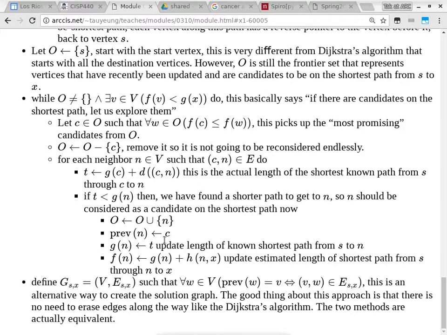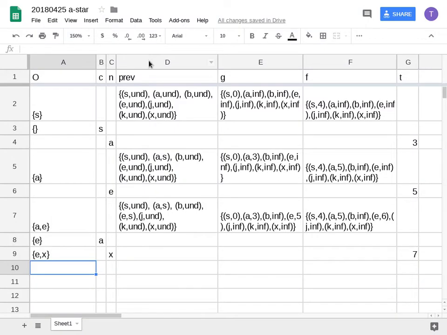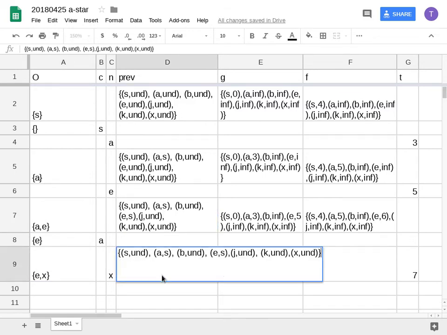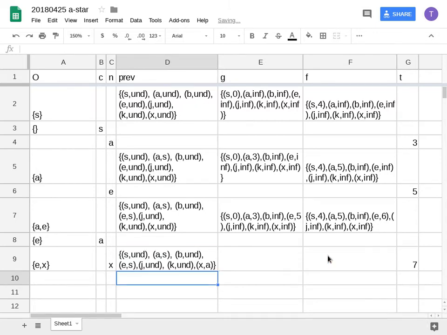The second thing is I want to update the previous of vertex X to vertex A in this case. So we go to the previous function and modify it so that the previous of X is no longer undefined. Instead, it is A. So in the path that I'm looking into right now, vertex A is right before vertex X. Is that okay?